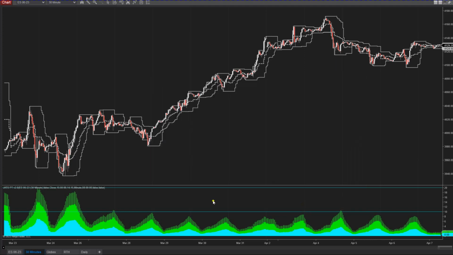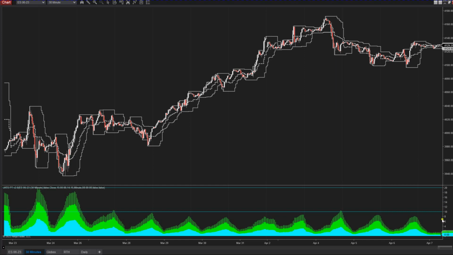You don't have to make any changes, and it will give you the volatility of the last 14 sessions for that time period. So if you don't have anything checked, those two boxes, then it will default to the time period that's on your chart.